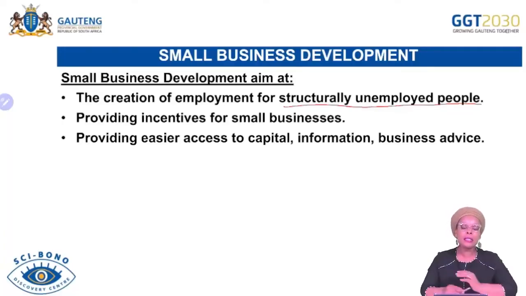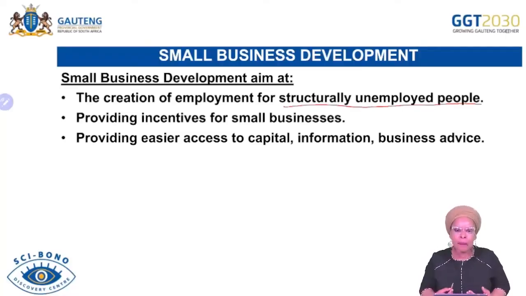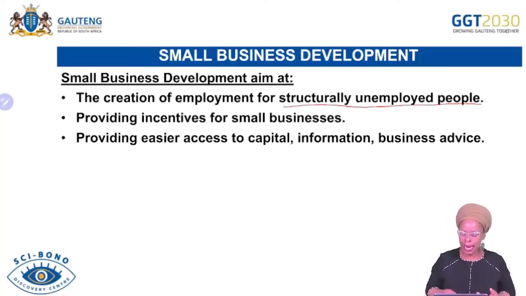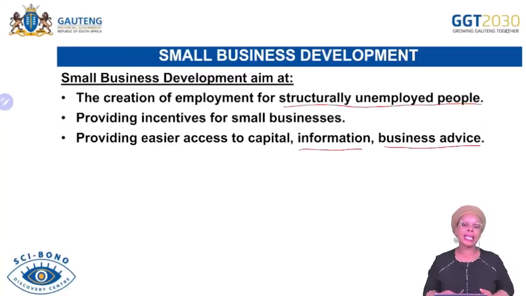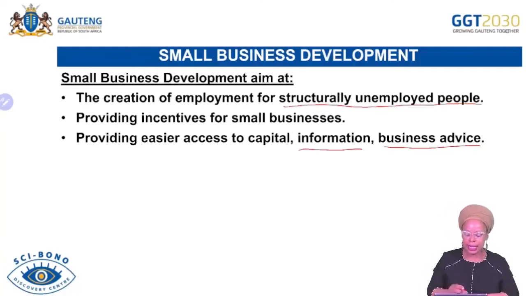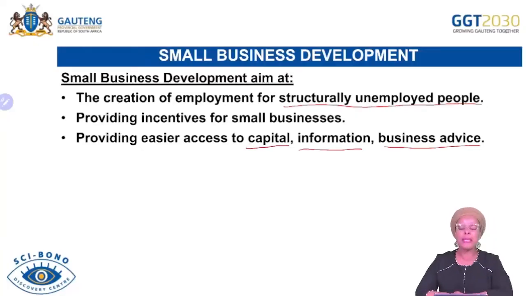Sometimes you find that this particular business is small, it has the potential to grow, but the entrepreneur or the owner of the business doesn't know how to do that. Business advice and information can be accessed from the DTIC, or the business needs some funding. The DTIC can also provide capital for that.